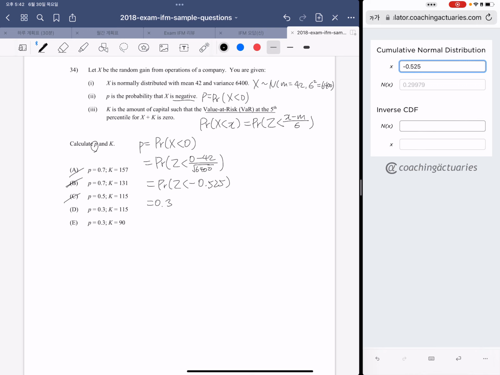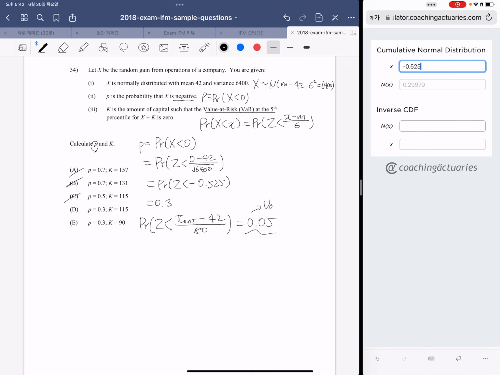VaR at the fifth percentile means that the probability of Z is less than something, I'll just put pi, minus 42 over 80. I'll just put 80 because the square root of 6,400 is 80. It equals 0.05 because we want to know the value at risk at the fifth percentile.